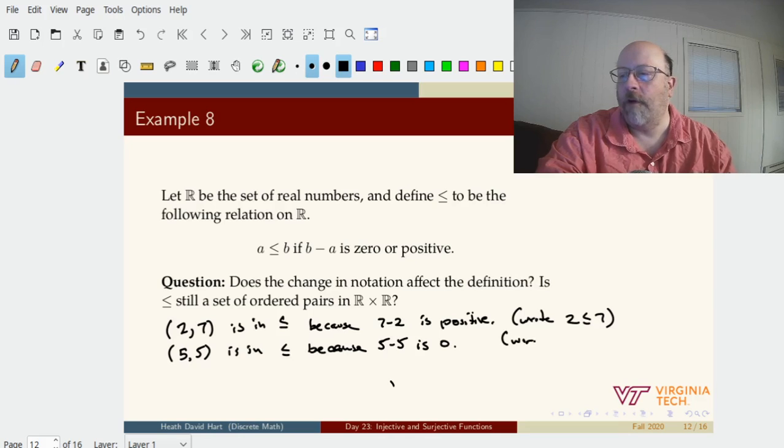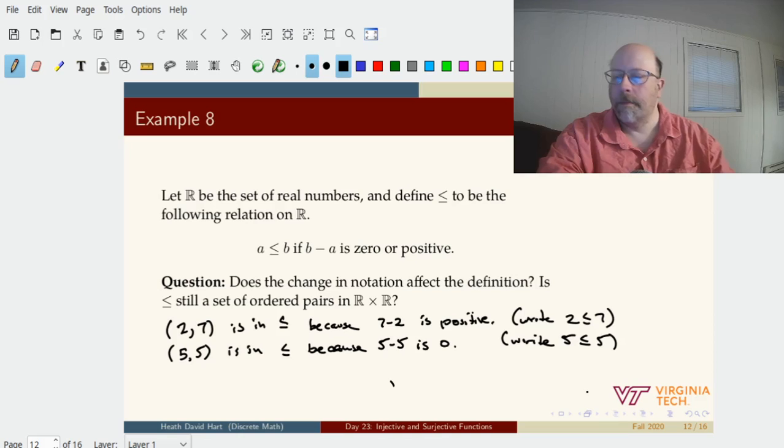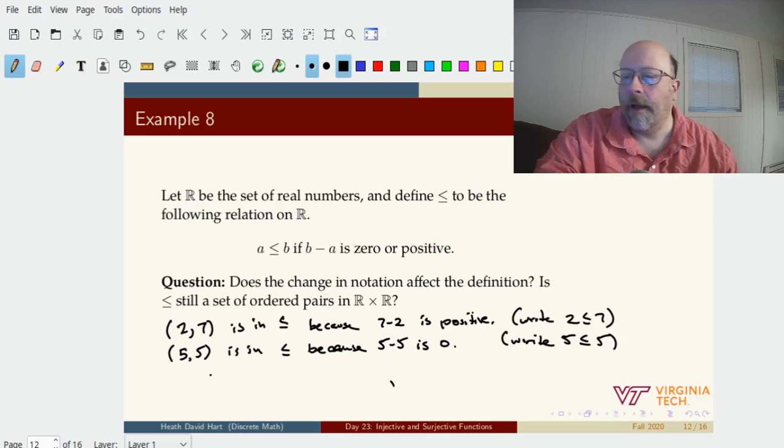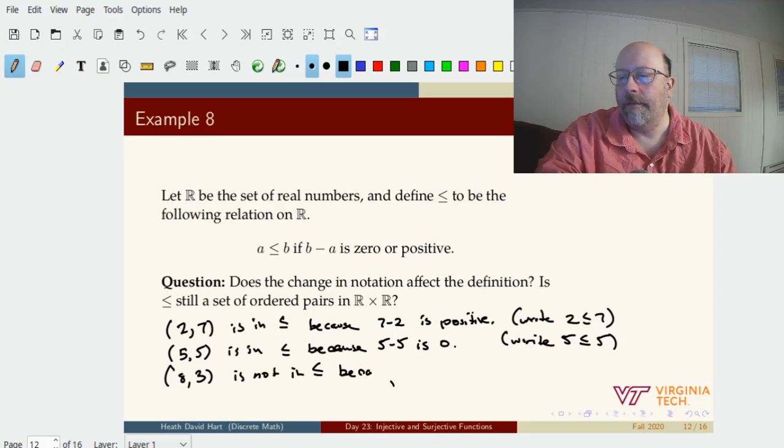And so we would write that 5 is less than or equal to 5. (8, 3) is not in this because 3 minus 8 is negative. Okay?